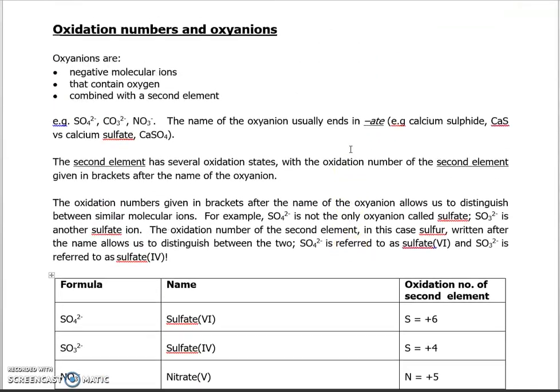Okay, so here we've got the oxy-ions. Oxy-ions are when you have a negative molecular ion that combines oxygen, which is combined to a second element. Usually it's sulfur, phosphorus, carbon, nitrogen. Sometimes it can be a metal such as manganese. Those are the most common ones.